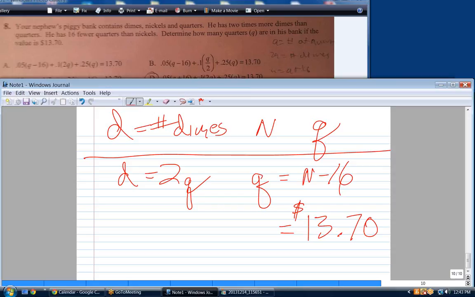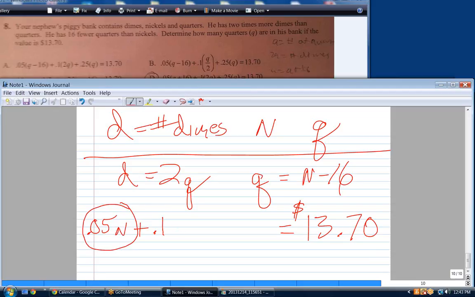You took the number of nickels you had and you multiplied it by 0.05. So you just do N times 0.05? 0.05 times the number of nickels gives you the value of your nickels. Plus what?